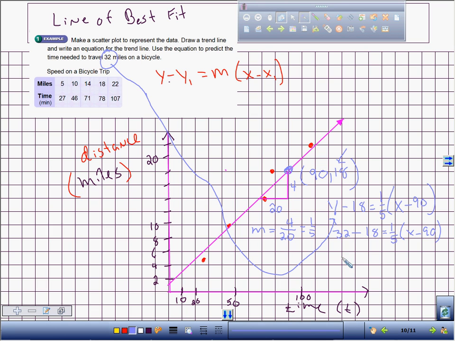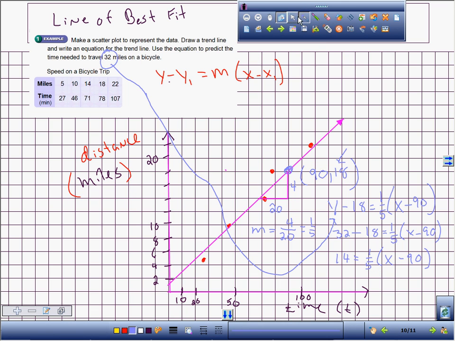32 minus 18, what's that, Tony? What's 32 minus 18? I think I knew. 14, very good. 14 equals 1 over 5 x minus 90. Now, to get rid of this 1/5, what could I do?